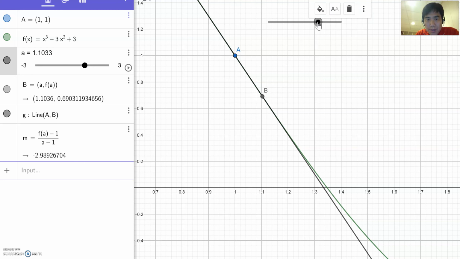As you see, B keeps on moving here, right?